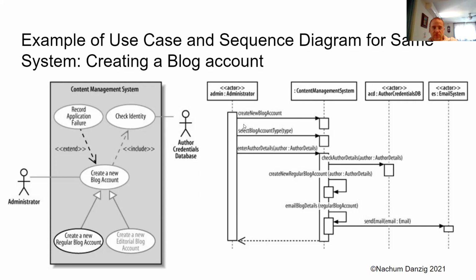So he creates a new blog account, creates a blog account type. Check author details. So the author credential database is activated for that check. Create new regular blog account. He does it to himself. This is all the content management system. He activates something internally. Send email notification to the email system. So you see, it gives a little bit more detail, but not as much as the activity diagram.